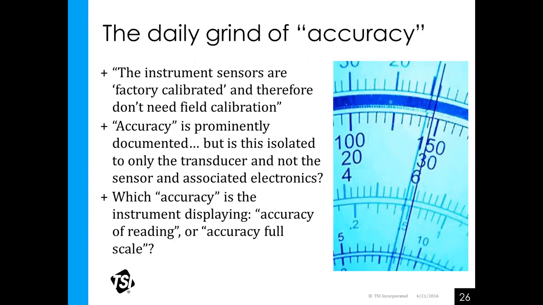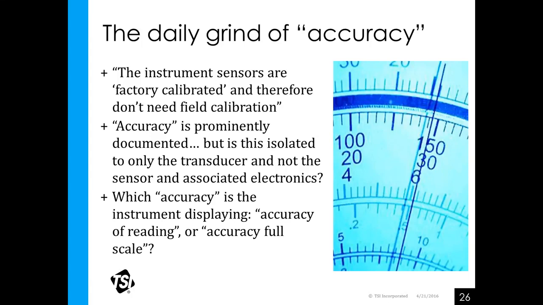I hear this an awful lot. My instrument comes from the factory calibrated, and I don't need field calibration. Or the accuracy is prominently documented, but it may only be isolated to the transducer and not the sensor and electronics. Again, a lot of companies, and again, you need to know what it is you're working with.